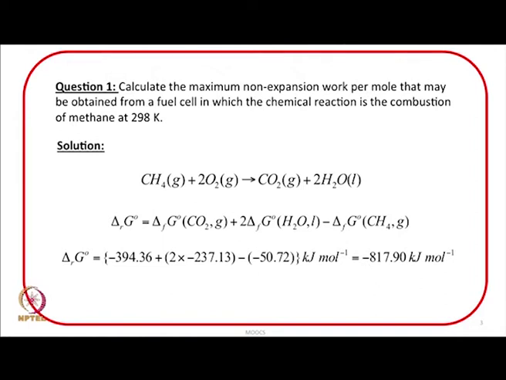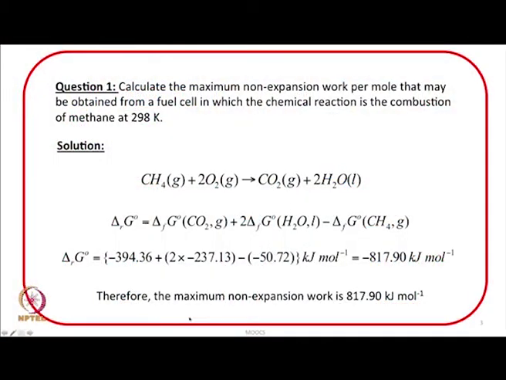And this change in delta G is equal to maximum non-expansion work that the system can do. And that is what is commented over there. Therefore, the maximum non-expansion work is 817.9 kilojoules per mole.